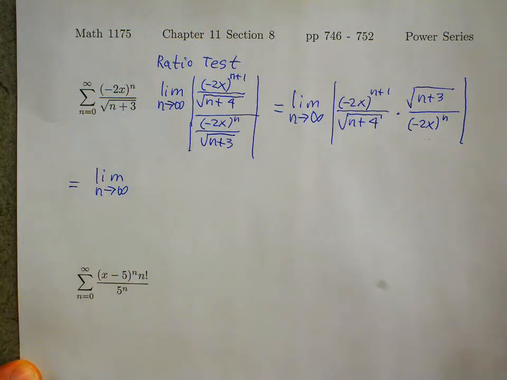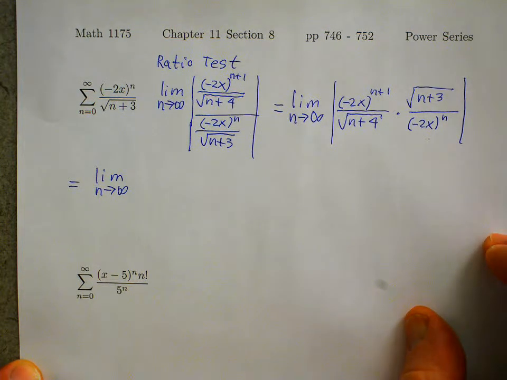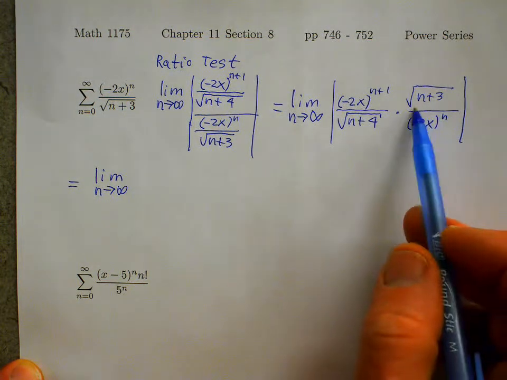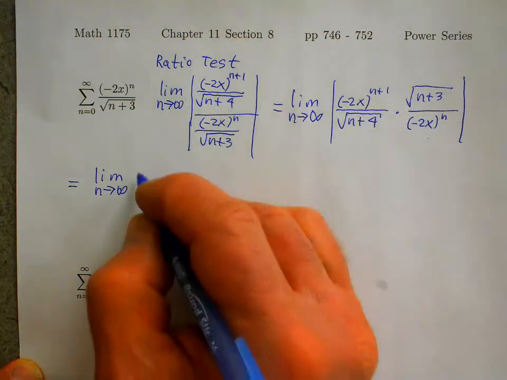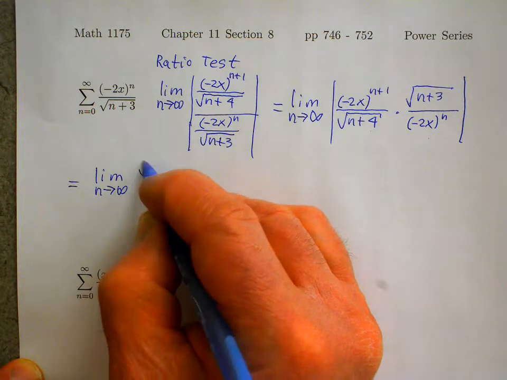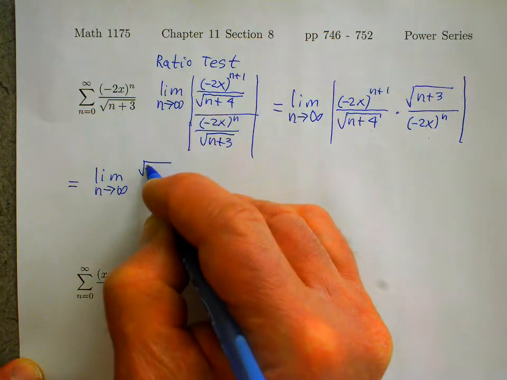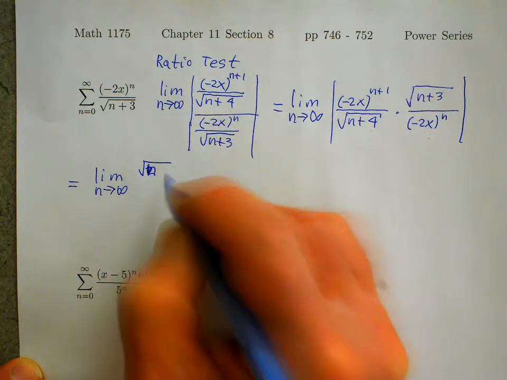What are we going to be left with? The square root of n plus 3 divided by the square root of n plus 4, we can bring that outside of the absolute value.